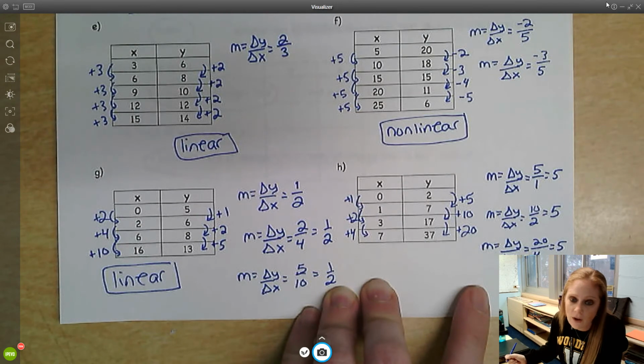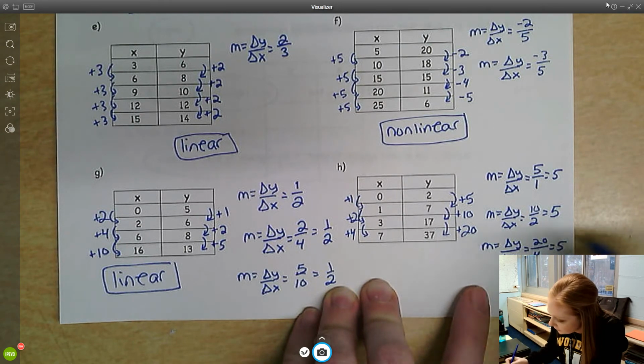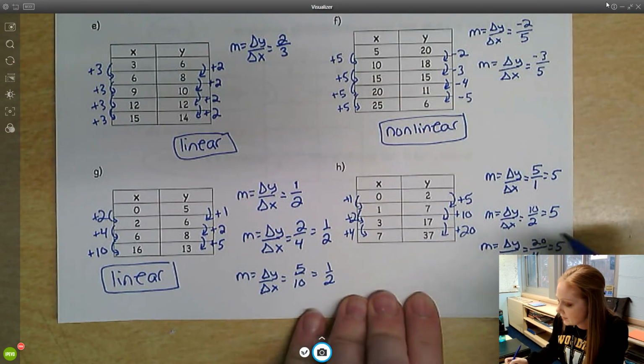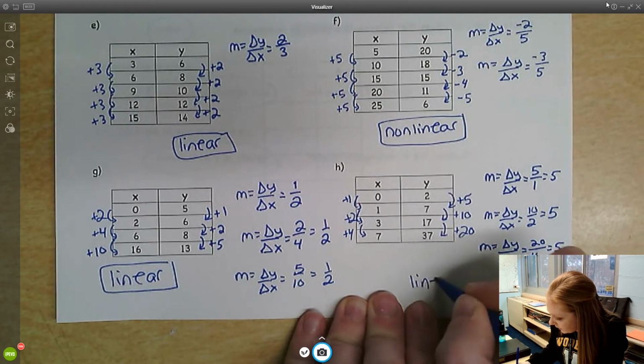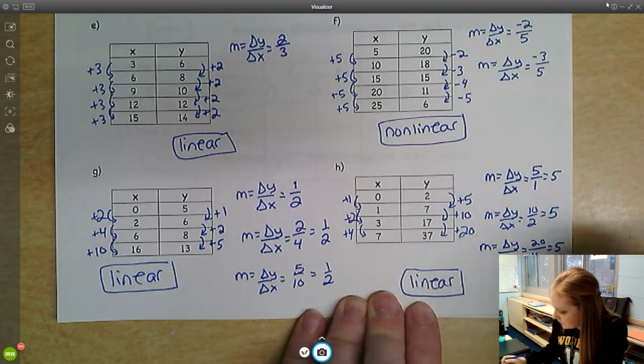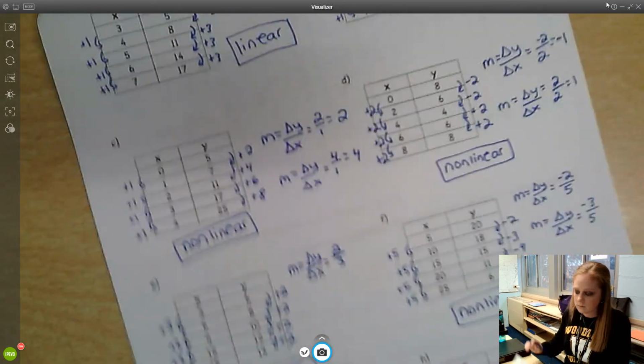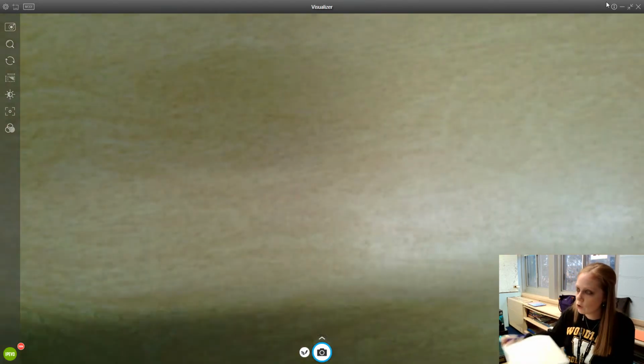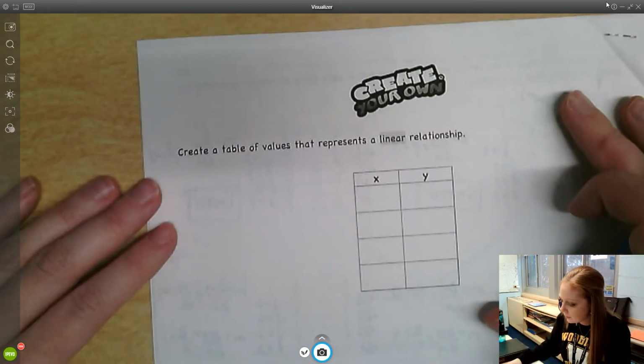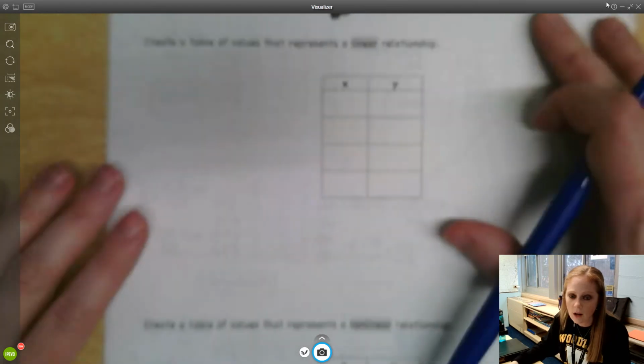Our rate of change is 5 throughout the entire table when you simplify. Change in y over change in x, linear.